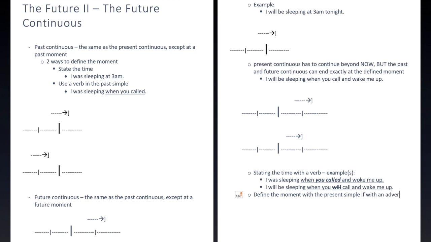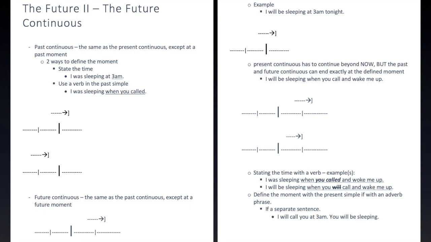Now, this is not the only way actually to define a moment. In the past, there's no real difference. You just use the past simple, whether it's an adverb phrase or a separate sentence. If you say, for example, I will call you at 3 a.m., you will be sleeping.